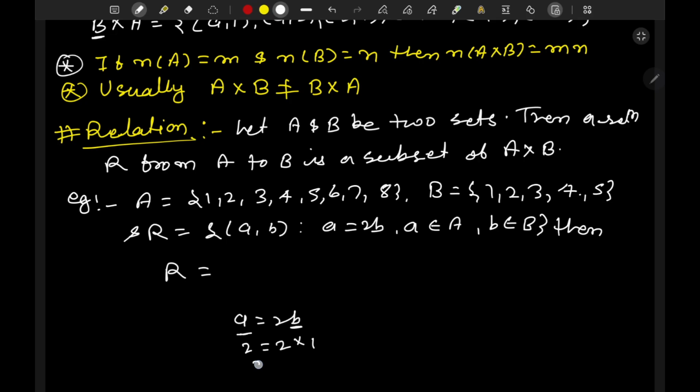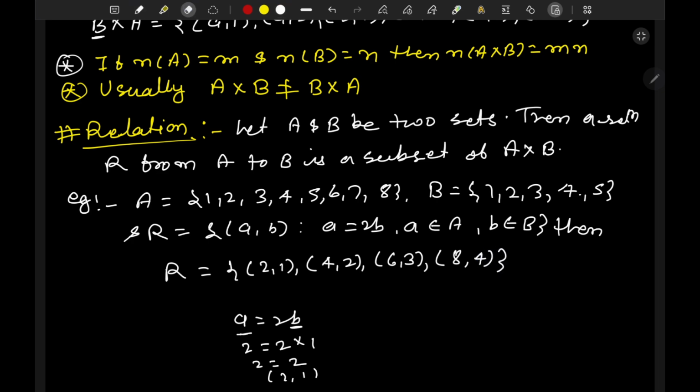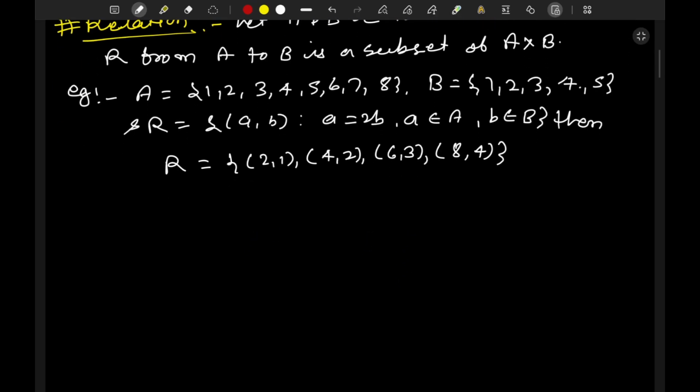So a equals 2 when b equals 1, and so on. R equals {(2, 1), (4, 2), (6, 3), (8, 4)}. This is a relation.